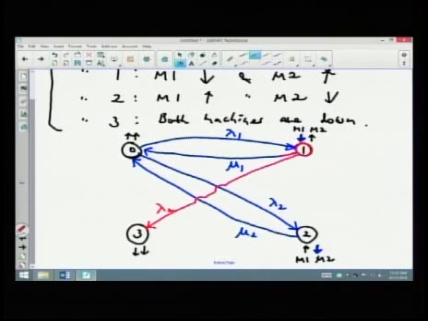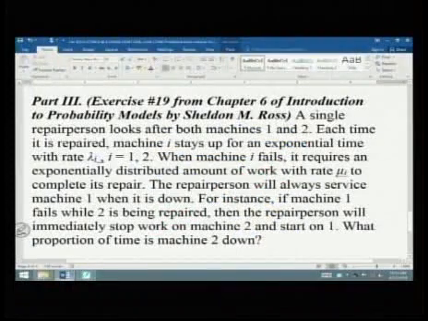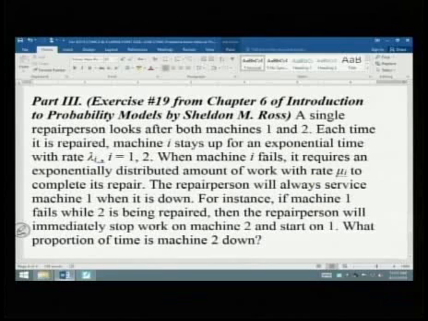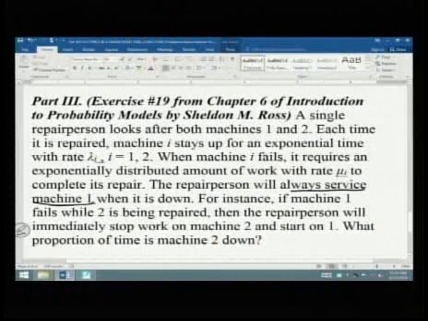Then, do we have this transition rate? Service rate? No, it's not going to happen. Why? Because according to the problem description, if both machines are down, then what happens? The repairman will always service machine 1.